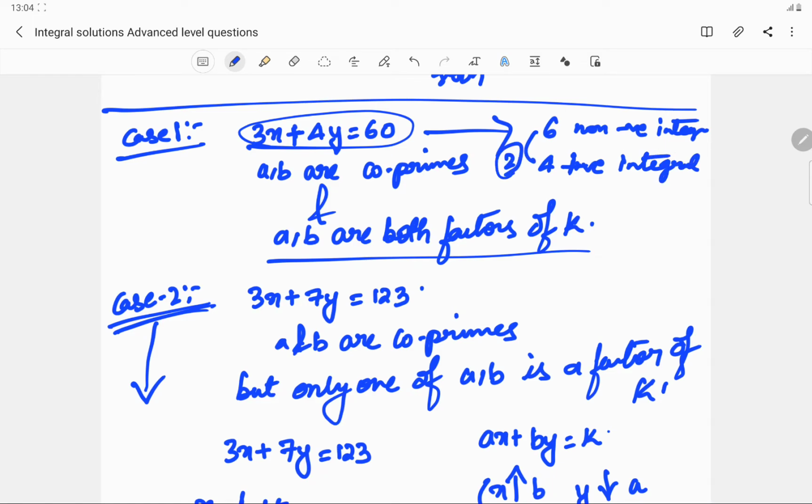Why? Because in those 6 non-negative integral solutions we were getting x as 0 and y as 15 as one of the solutions, and y as 0 and x equal to 20 as the other solution. So that is why we were getting the gap of 2.